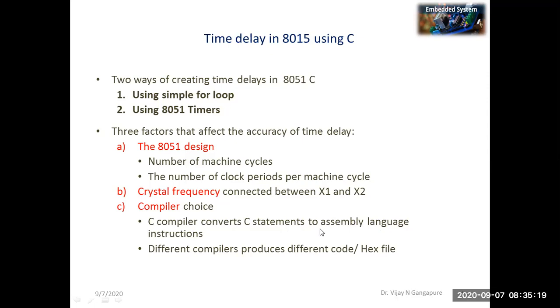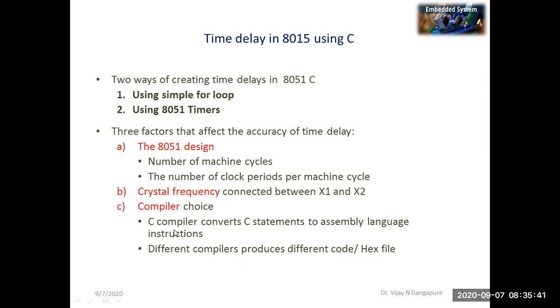Now if we use different C compilers, they produce different code or hex files, in the sense that the number of bytes in that hex file varies from compiler to compiler.